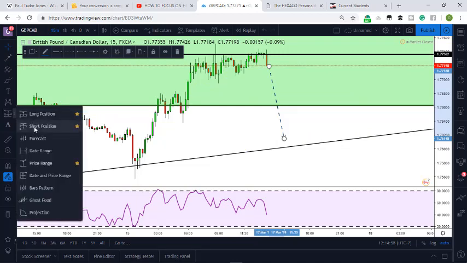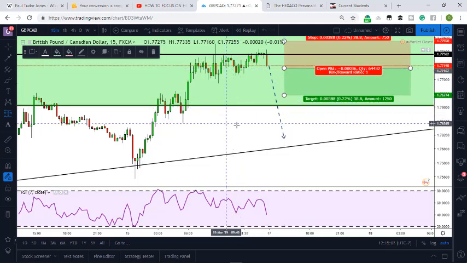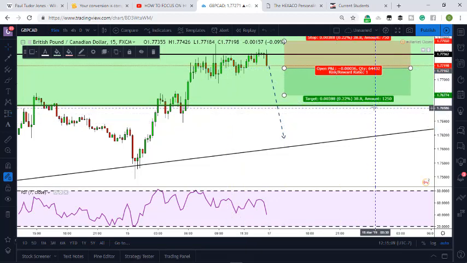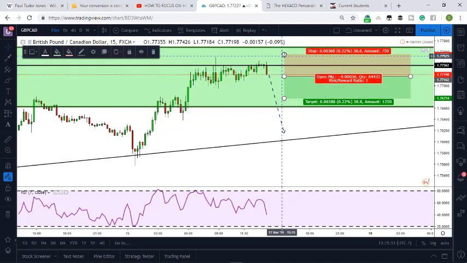So for a short position, entry somewhere at this level of structure, or you could be aggressive and hop on the market as soon as markets open. It all depends on your style of trading. And stop loss a few pips just above the wick.